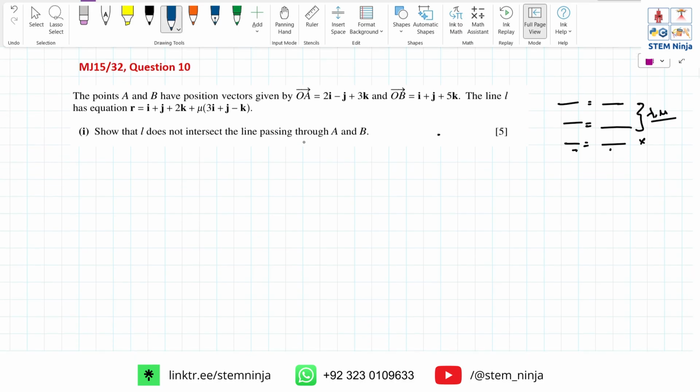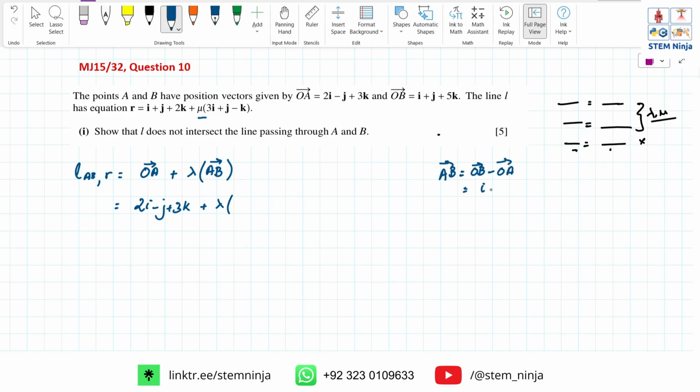So first off, we need the line equation of AB. So line AB first. So we can do r equals OA plus lambda AB. Since they've used mu over here, we can use lambda. So this would be 2i minus j plus 3k plus lambda. Remember, AB can be written as OB minus OA.